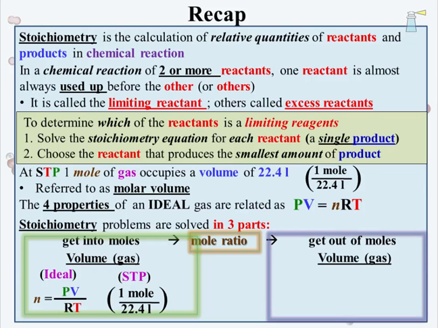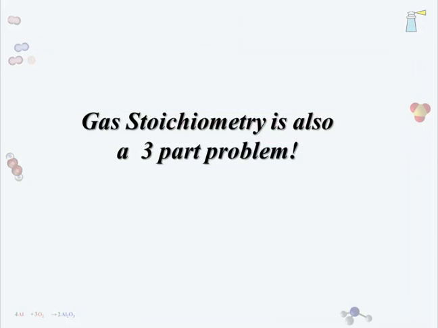Getting out of moles and into volume used the same 2 relationships but oriented in a different manner. The ideal gas law has volume isolated on one side of the equation, and molar volume at STP is flipped so that moles are in the denominator. And that concludes our lecture. Gas stoichiometry is still a 3-part problem.